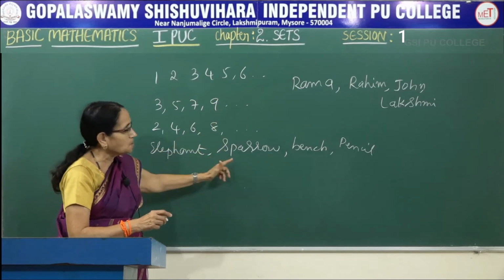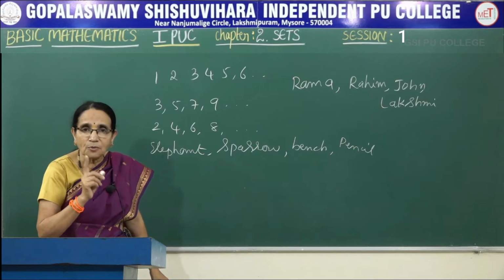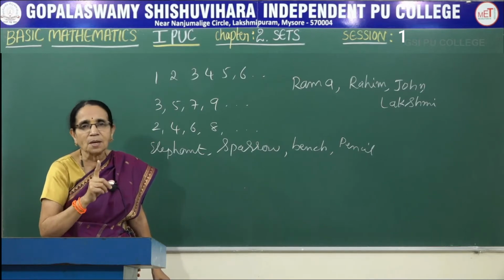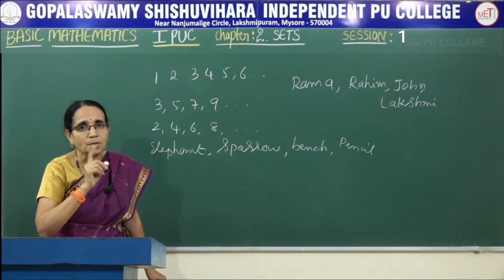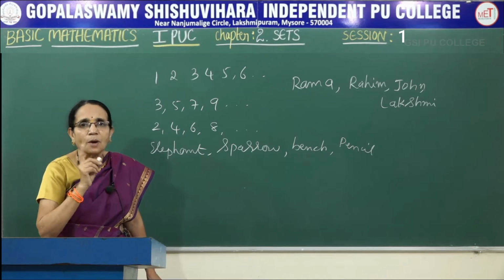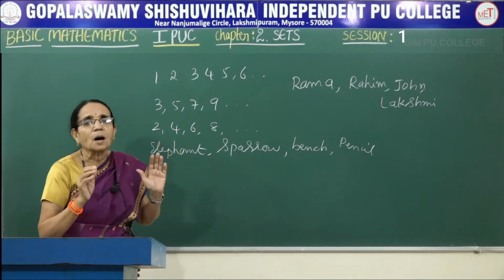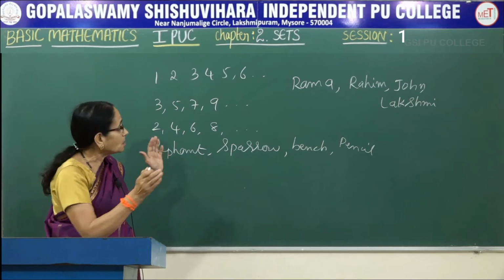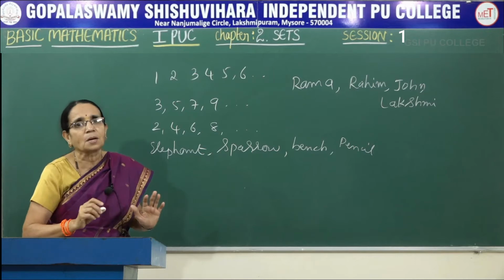Now, this one, though it is a collection, we cannot call it a set. So, how do you define a set here? A set is a well-defined collection of objects. That word well-defined is important. What do you mean by well-defined? They should have a common property, or all those quantities should be of the same type. That is the meaning.